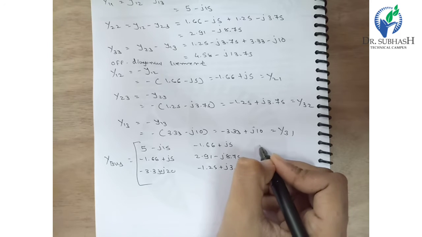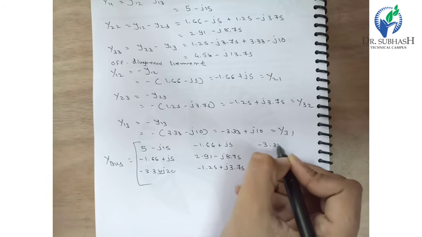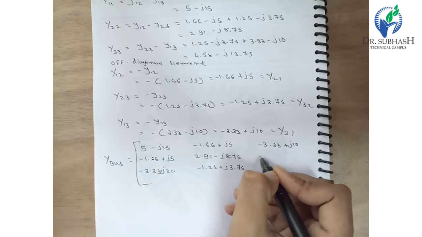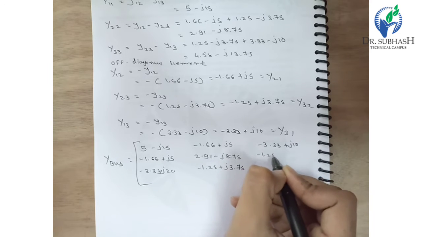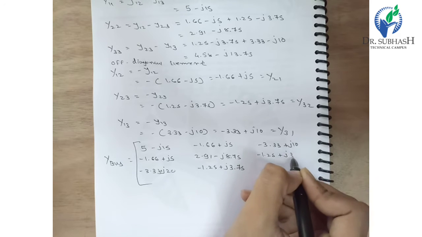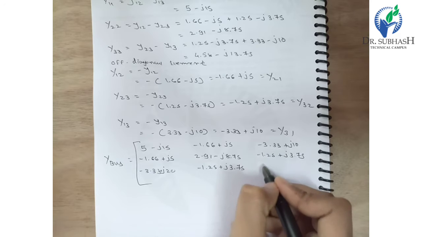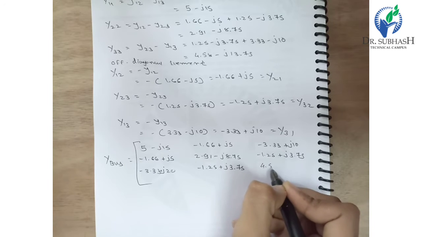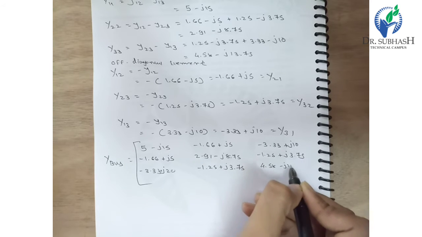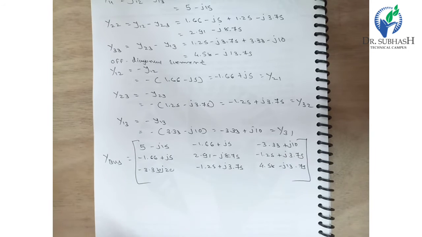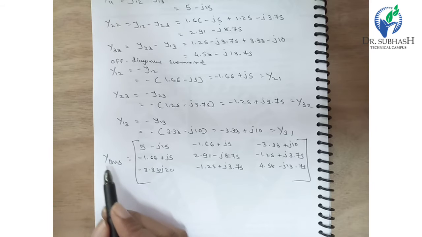The third column is minus 3.33 plus j10. The next line is minus 1.25 plus j3.75 and 4.58 minus j13.75. This is how to find the Y bus matrix of this given network.